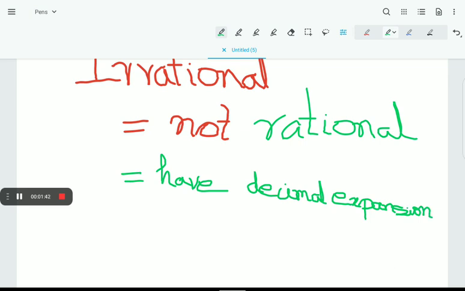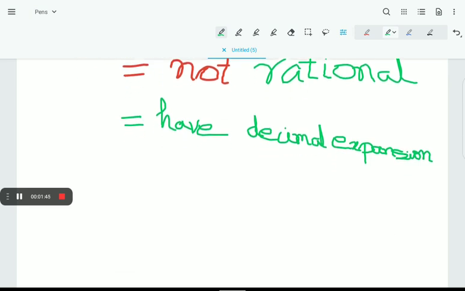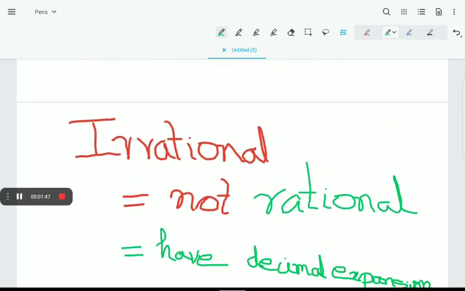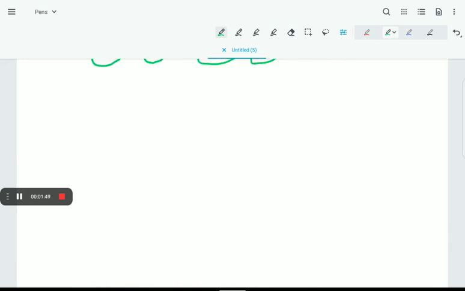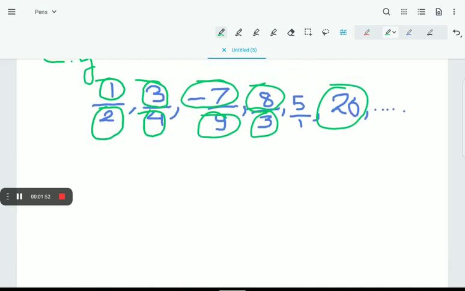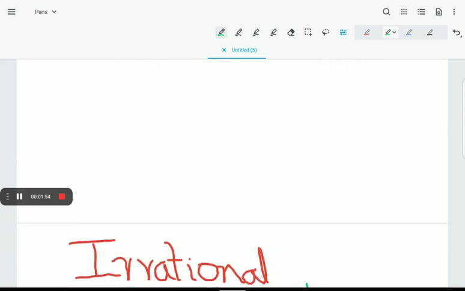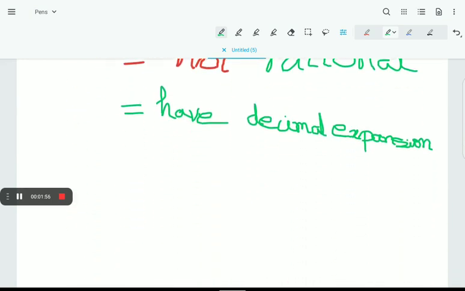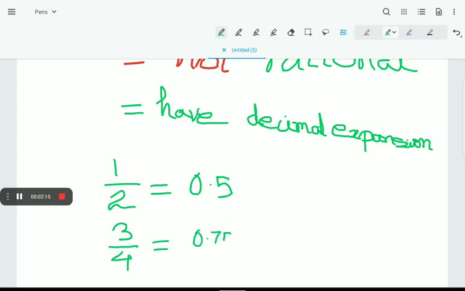Okay, what do we mean by these numbers that have decimal expansion and they are not rational? Let's look at the rational numbers once again. We have a few examples like 1 by 2 and 3 by 4. 1 by 2 can be written as 0.5, and if you divide 3 by 4, then you get 0.75.